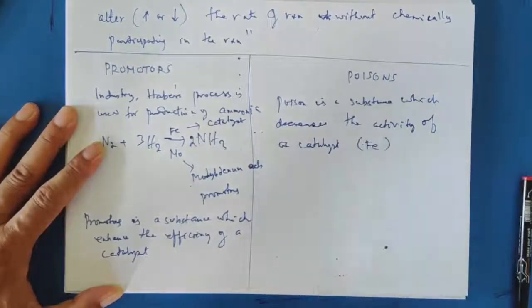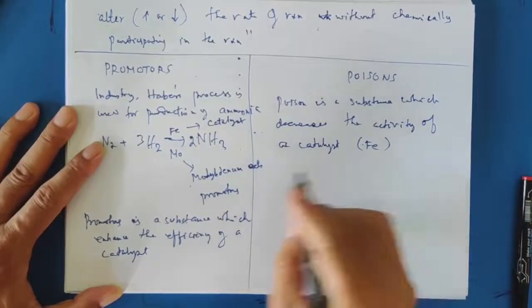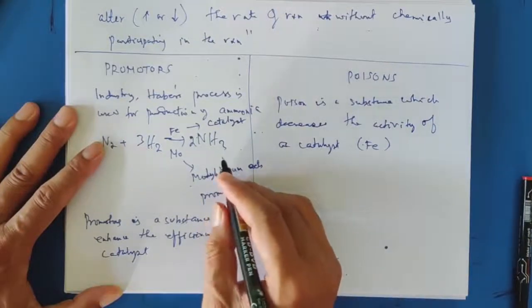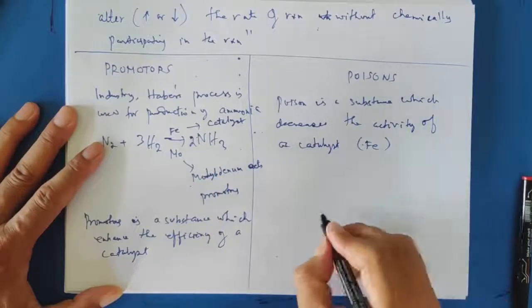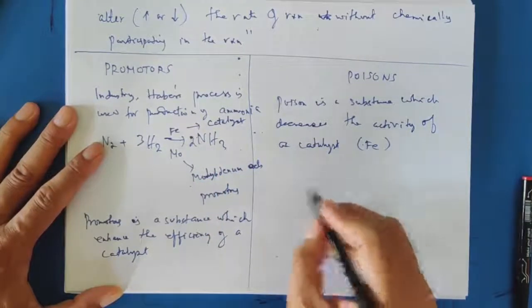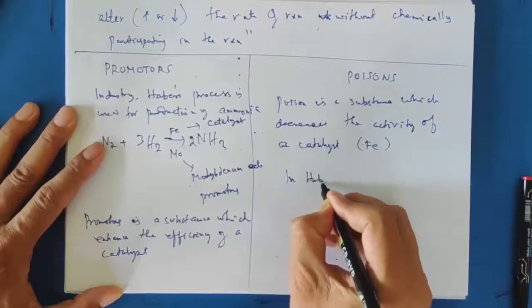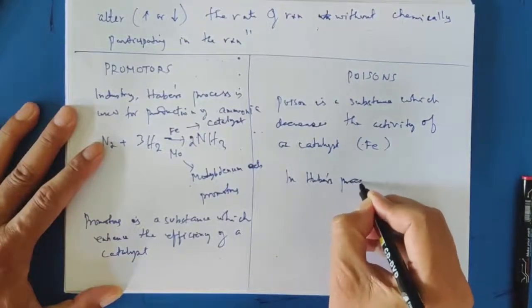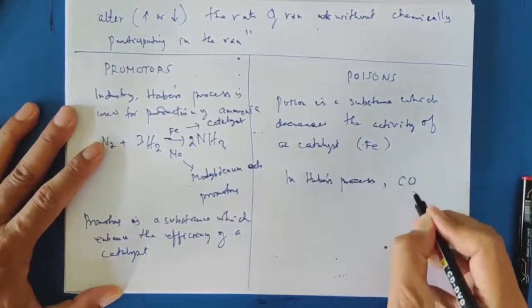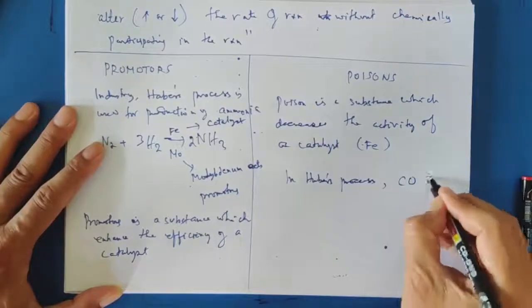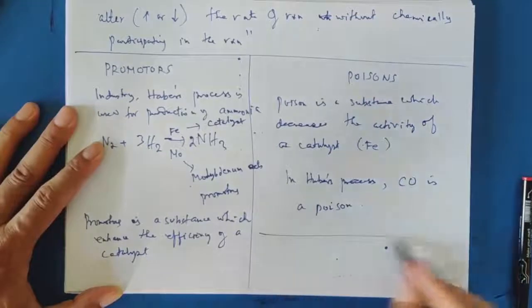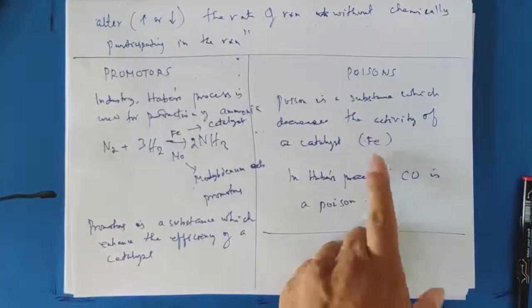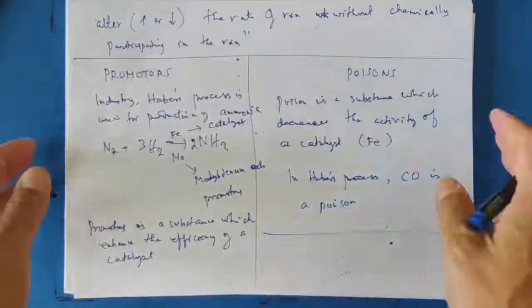For example, in the ammonia industry, carbon monoxide appears. So in the Haber process of production of ammonia, carbon monoxide is a poison, which affects the iron.